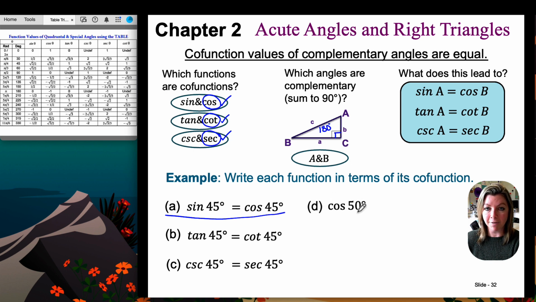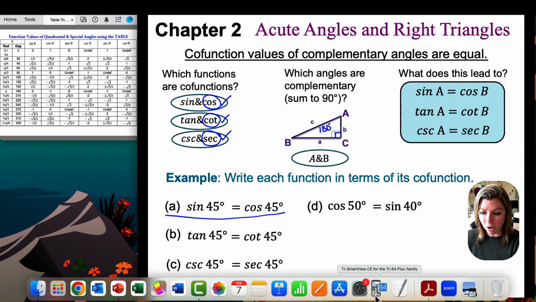D, cosine of 50 degrees in terms of its cofunction, so it will need to be sine using the complementary angle of 50 degrees, which is 40 degrees. Cofunctions are paired up, complementary angles, and if you want to check this, you could go to your table, but this particular table only has quadrantal and special angle values, so you can use a calculator, or you can go online and find a table that has more than just the quadrantal and special angles.